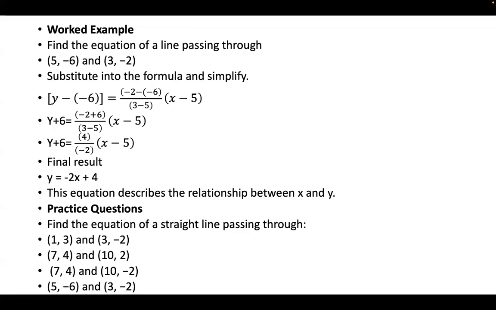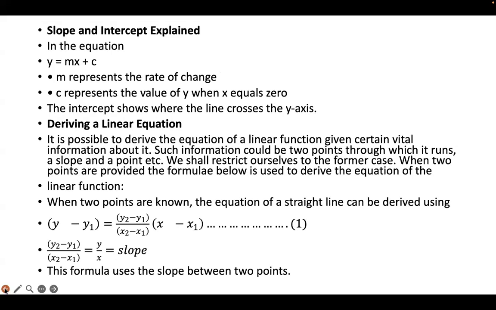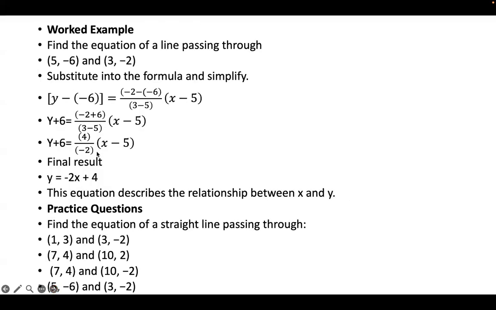Sir, from the formula that has been given, the previous one, the one that you just made easier for us, how are you going to substitute? How are you going to know that this 5, 5 minus 6, is for x2 or y1 or y2? How are you going to do that? Okay.